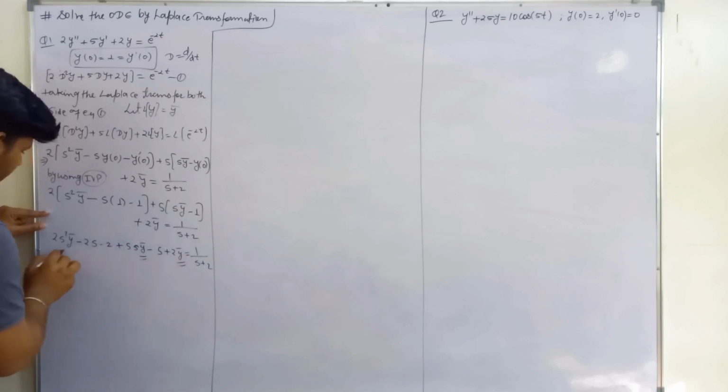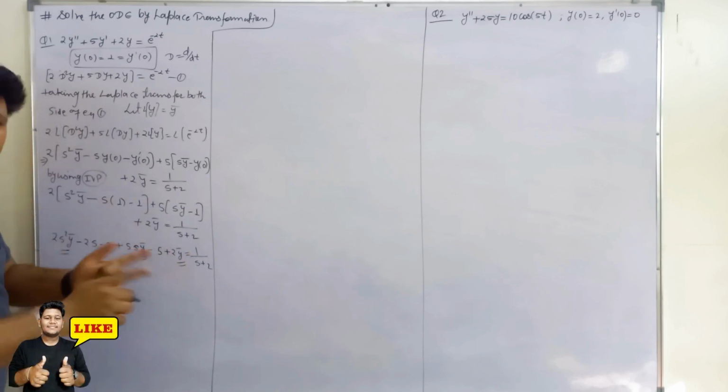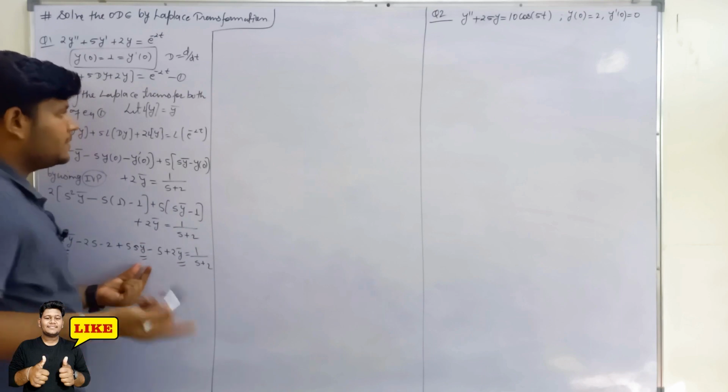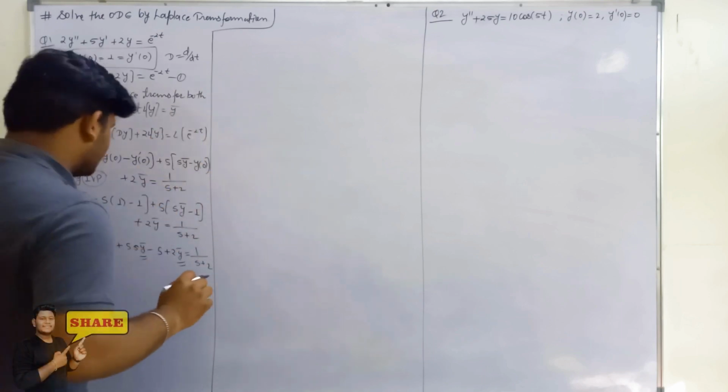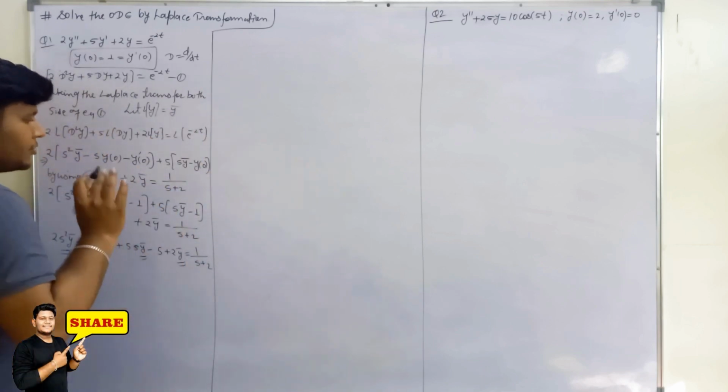I can take y bar common because I want to isolate y bar. This is the Laplace transform, and I can take the inverse Laplace to get the solution of the differential equation.